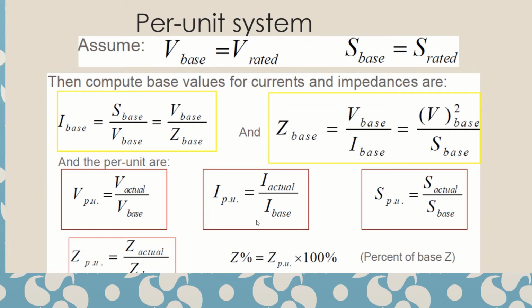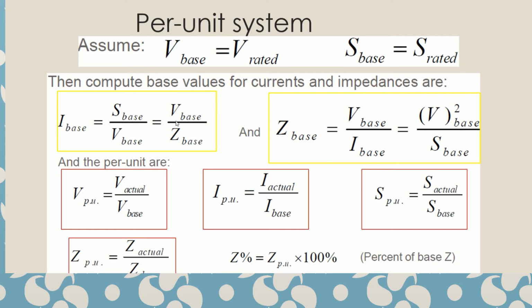The per unit system also consists of current, voltage, power, and impedance. You have to remember, every time you calculate per unit, it always has to be actual divided by the base, regardless of voltage, current, power, or impedance. If you want to calculate, for example, the current base, it is the same formula as Ohm's law, V equals IR.